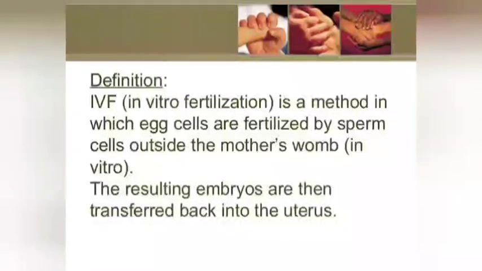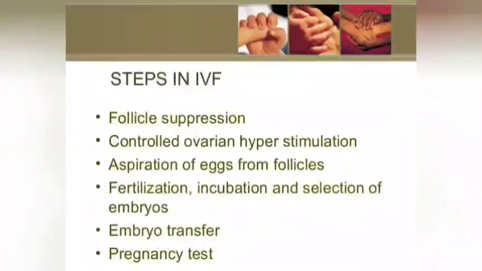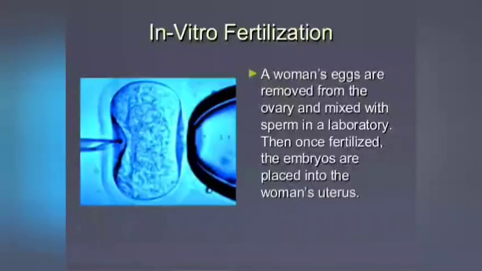The resulting embryos are then transferred back into the uterus. Because it is a highly technical process, it involves many steps. These steps are follicle suppression, ovarian hyperstimulation so that many eggs are produced. Then these eggs are taken out, followed by fertilization, incubation, and selection of the embryos and embryo transfer.